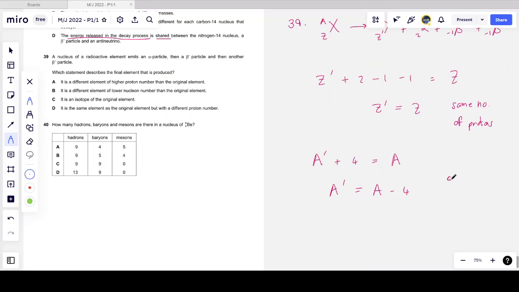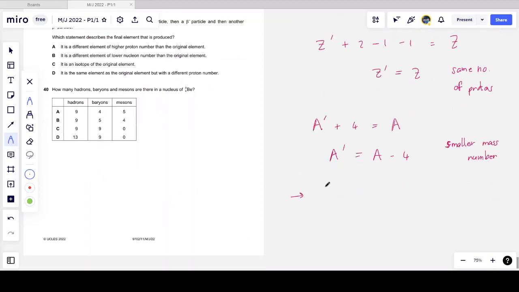So I have a smaller mass number or nucleon number. So what I have is the same element but I have a different mass number.